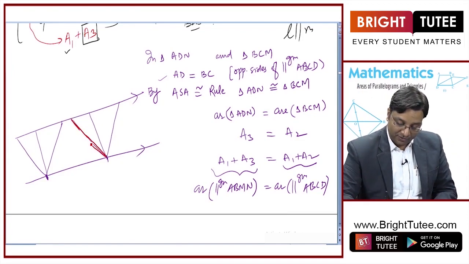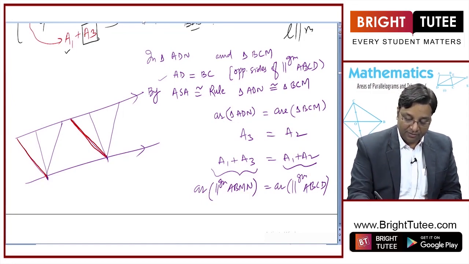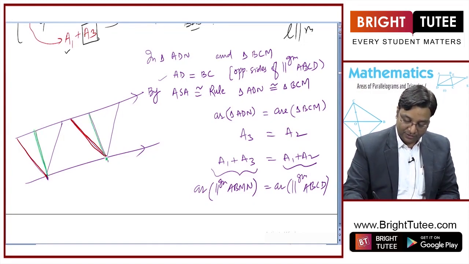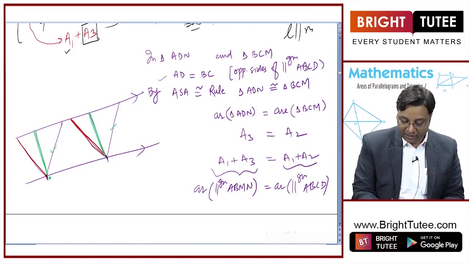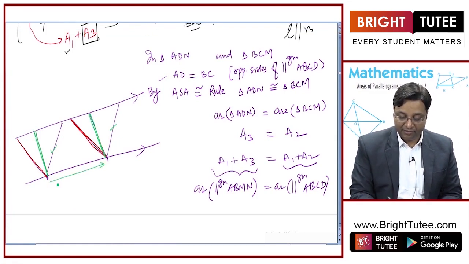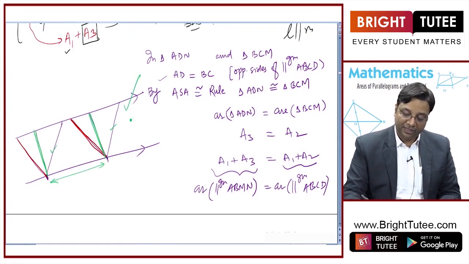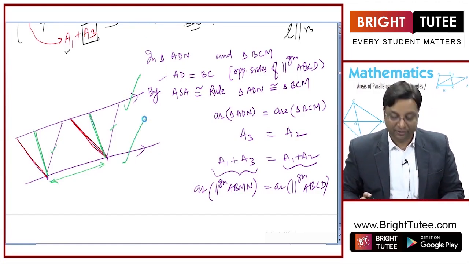One is this one, right, base is the same for all of these. Another parallelogram is this one, right, and third parallelogram is this one. Okay. So, all of these parallelograms are on the same base, that is this base, and between the same parallel lines, these two parallel lines, hence these parallelograms have equal areas.